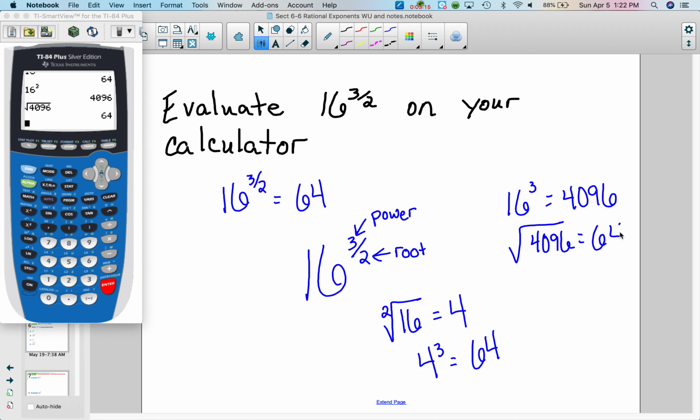So the order doesn't matter. You could do it the way I did it first or this other way, but I do want you to notice something. When I did the root first and then the power, I didn't need a calculator because I could do that in my head. When I did the power first and then the square root, I had to use a calculator. So it's nice if you can take the root first. If you can evaluate the root, then it will make it a little easier.